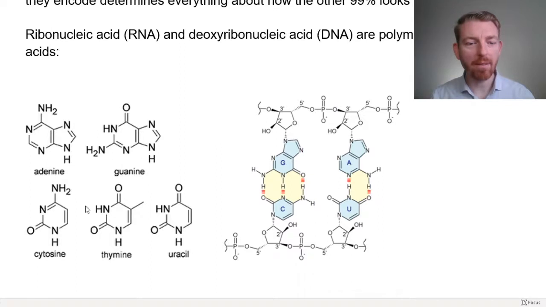Here we have the 5 nucleic acids that are present in humans and in most life on Earth. Adenine, guanine, cytosine, and thymine are the nucleobases, the 4 molecules that make up the bases that are the monomers of DNA. And for RNA, we replace thymine with uracil.